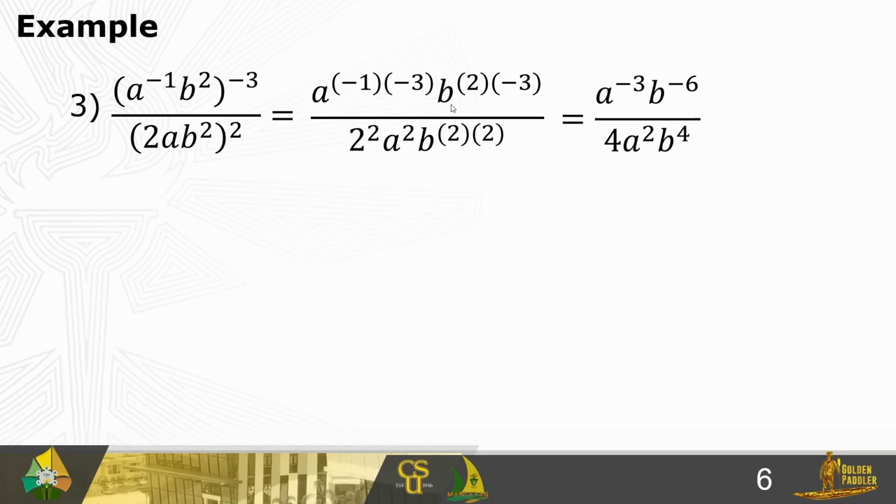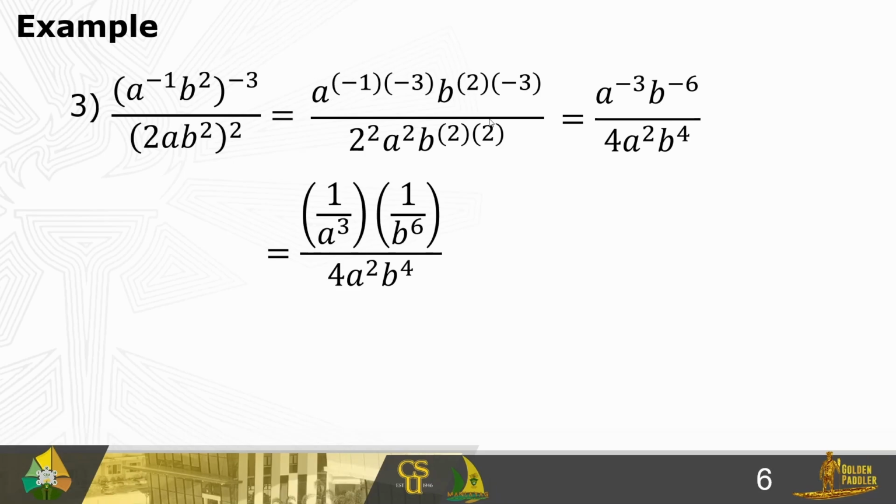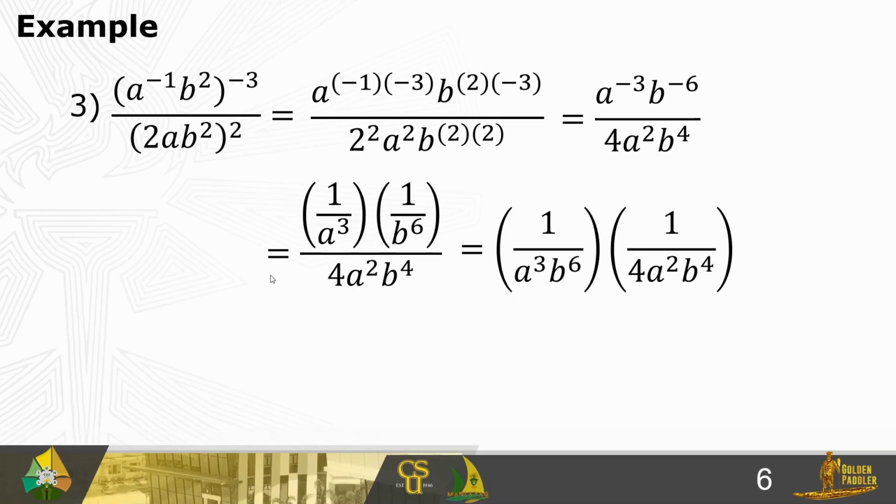So applying the previous example, because the exponents of a and b are negative, we have 1 over a cubed times 1 over b to the power of 6, all over 4a squared times b to the power of 4. And taking the reciprocal of the denominator, we have 1 over a cubed times b to the power of 6. The reciprocal of this is just equal to 1 over 4a squared times b to the power of 4.